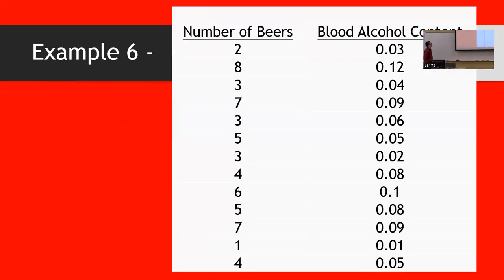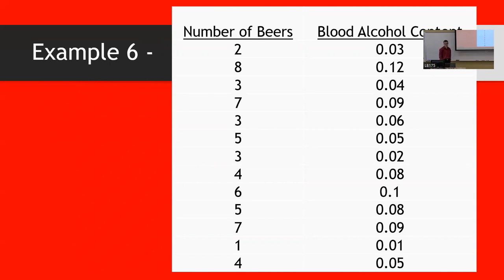Here's another example. What we have here is a study done on blood alcohol level after subjects drank a certain number of beers. So a subject would drink, let's say 3 beers, and then 2 hours later, the blood alcohol level was 0.04.